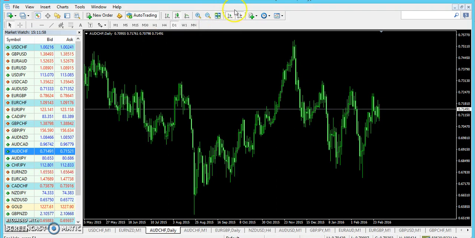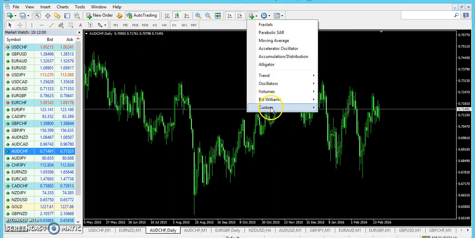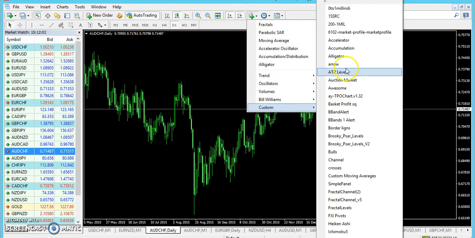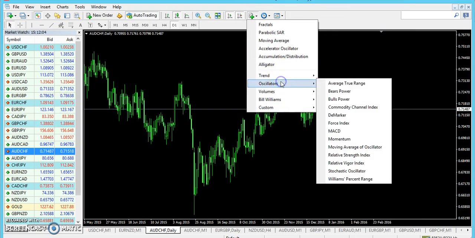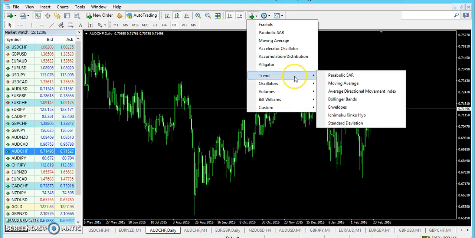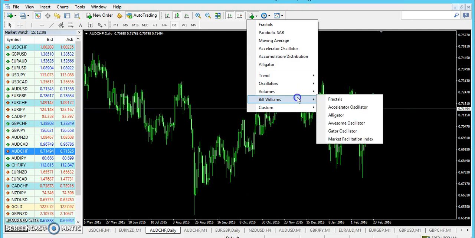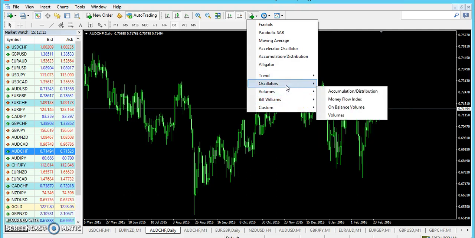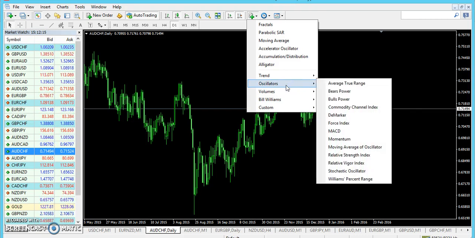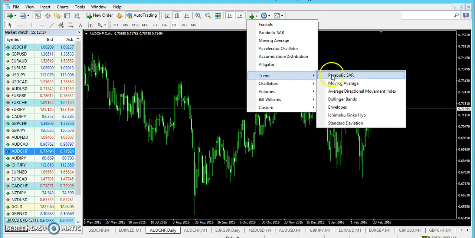Okay. Now let me just show you this. Average true range. I want you to see this, okay? If you want to know where to put your stop loss, this is what you use. Not just this, it helps you, but where is it?